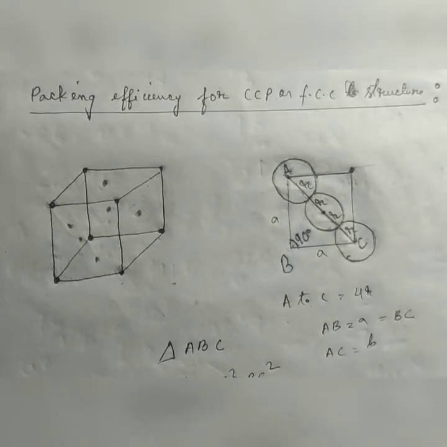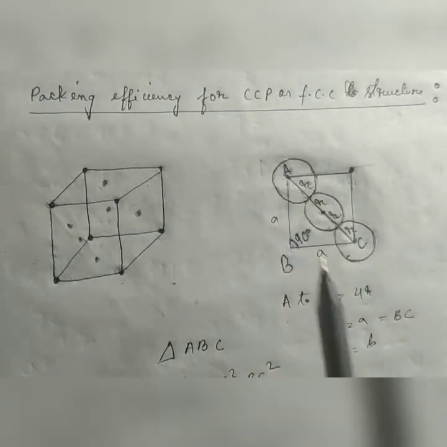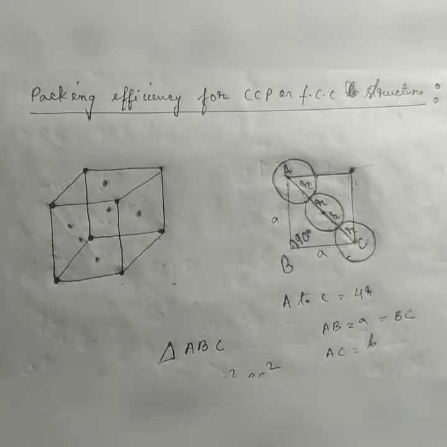Total 4R. Now we have to consider the edge length BC and AB as a, that means small a, and the face diagonal AC as b. From this structure we will get two triangles, but we have to consider just one triangle.